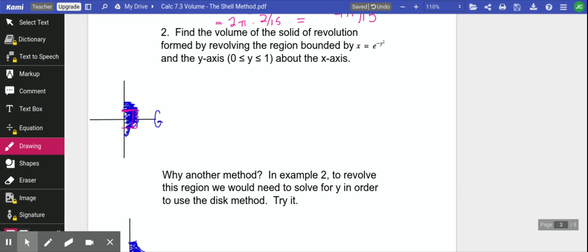That is in the y direction, so this is going to be a dy, or you can also think of it as a horizontal axis. So we need to have dy's. So our volume using the shell method is 2 pi times the integral of the radius in terms of y, and then times the height, also in terms of y.